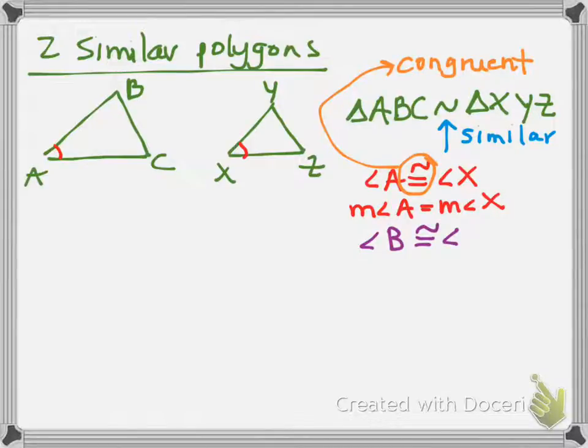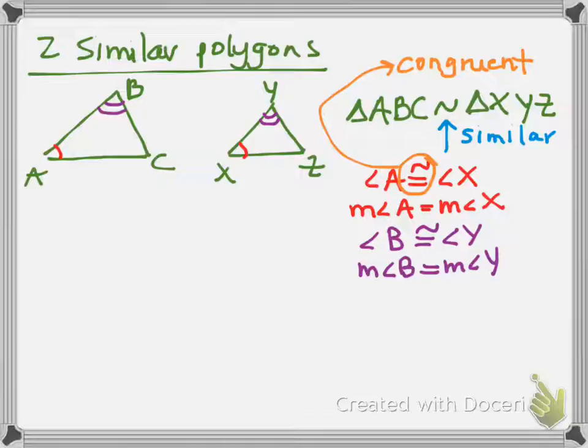What does B correspond to? Y. And then I could also say that the measure of angle B is equal to the measure of angle Y. And then what I can do is not do one arc, but two arcs now. So I just increase the number of arcs to show a new relationship. So you might see double arcs. That means those two angles have the same measure and therefore are congruent.